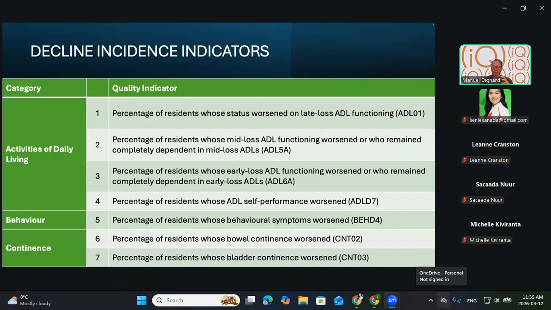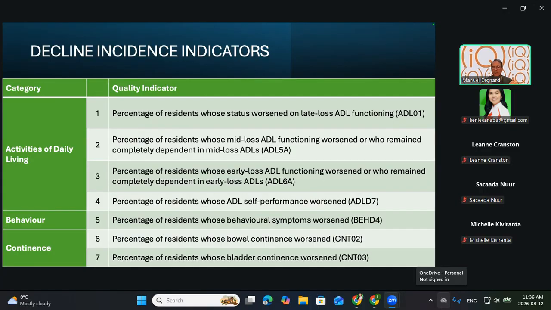All right. So we looked at the indicators that focused on improvement, right? So now we're shifting our attention to the decline incident indicators. These indicators track residents whose health or functional status has worsened over time, since the last assessment. So essentially, it's helping us identify where deterioration is occurring, and where interventions may be needed the most.